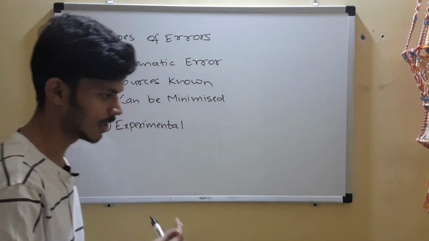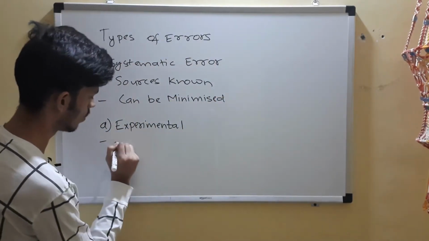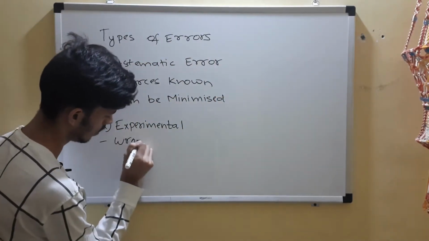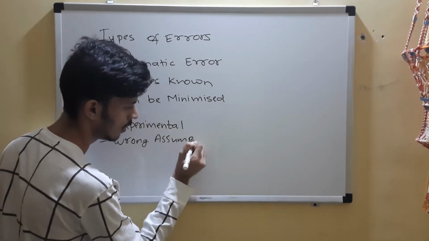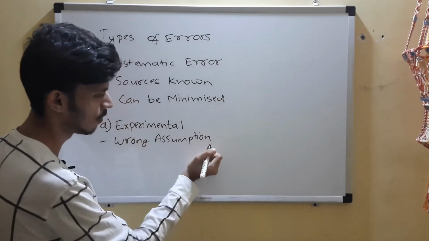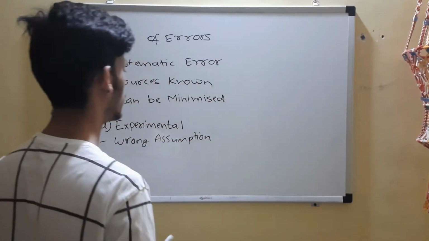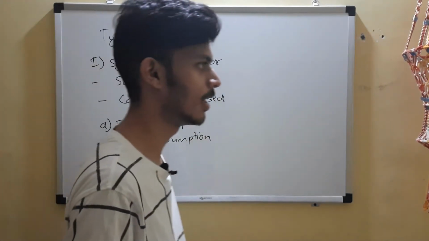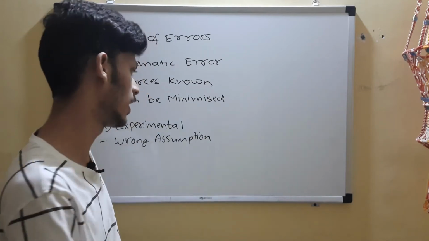As the name suggests, it comes through experiments. Like you assume something wrong, so wrong assumptions in experiment. Like in most physics problems, we neglect air resistance and friction. We are not supposed to do that because in reality the friction and air resistance do exist, right?